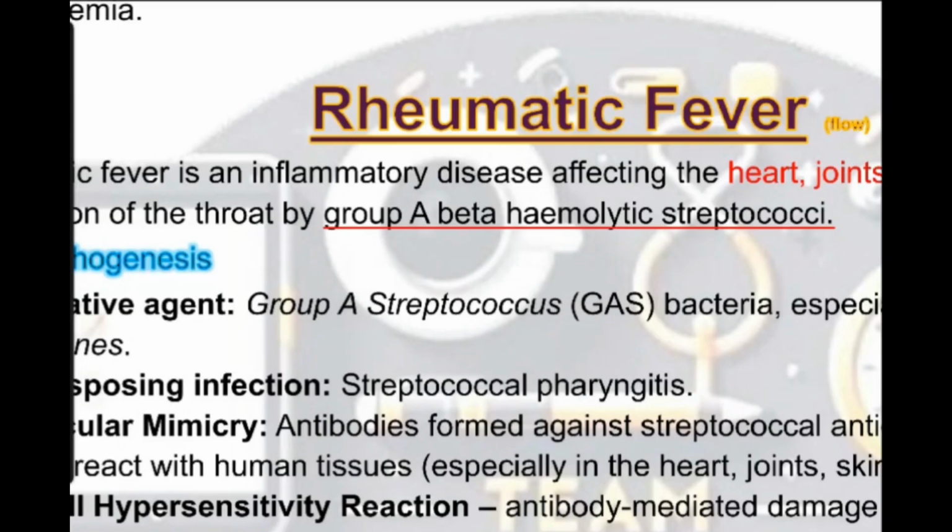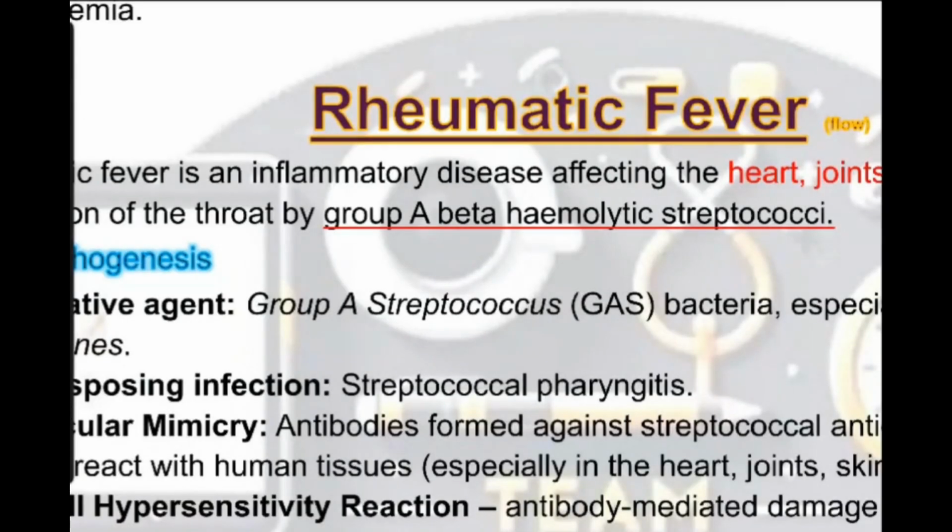Why the name rheumatic fever? Immune modulation, okay. Acha.